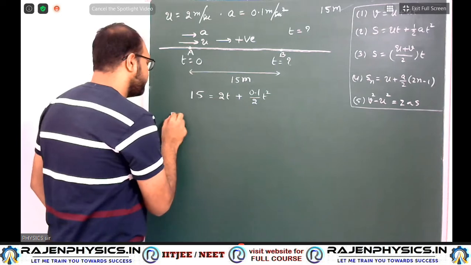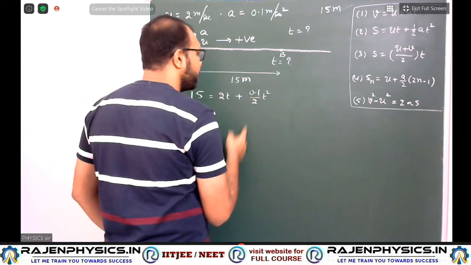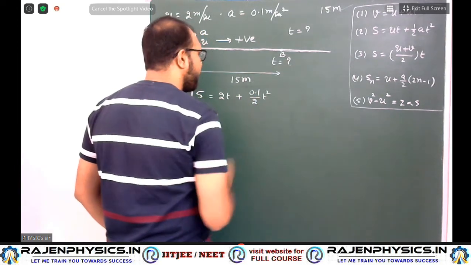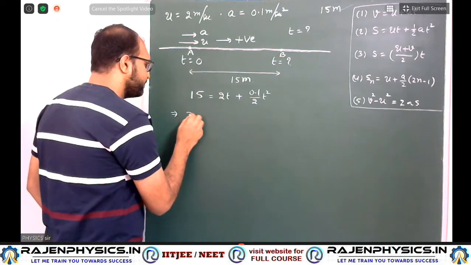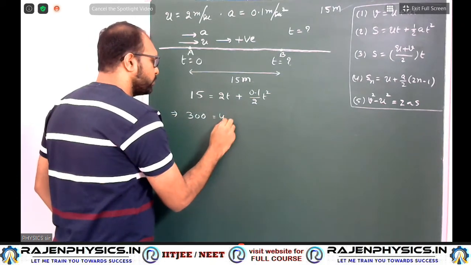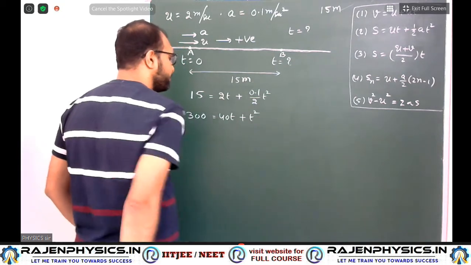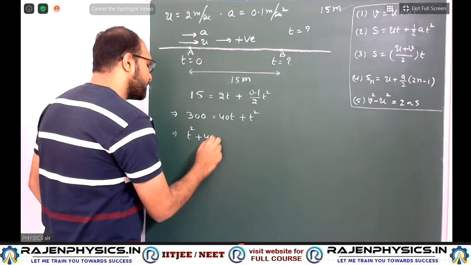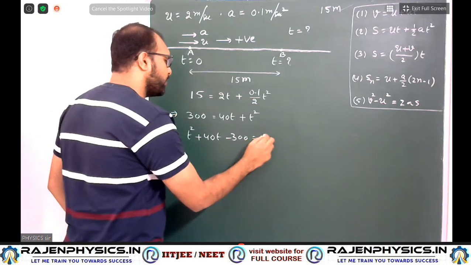Now you can simplify this. 0.1 by 2, yes, 1 by 20 you can write. 20 into 15 is 300. 20 into 2 is 40t, plus t square. Students, t square plus 40t minus 300 equal to 0.